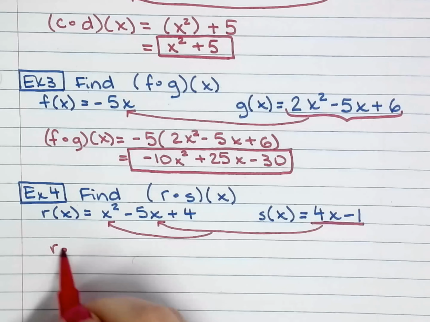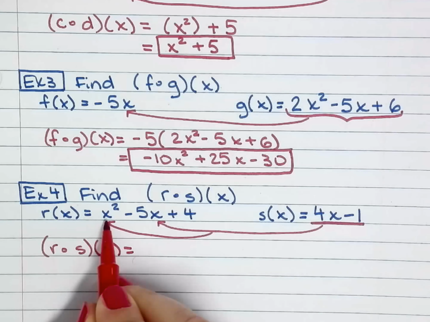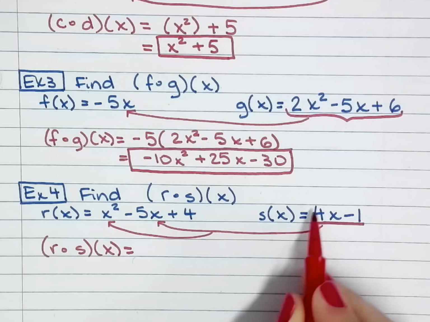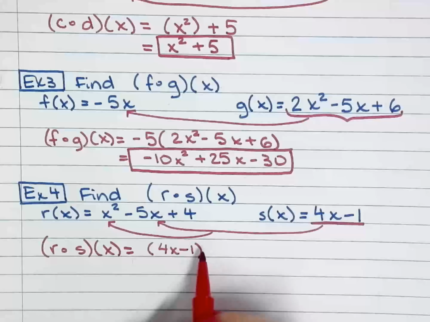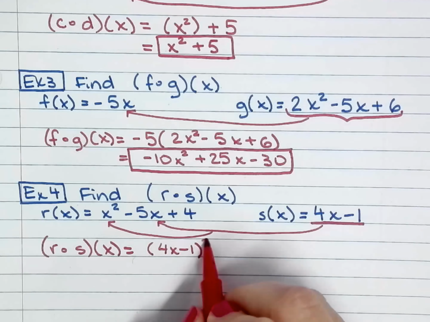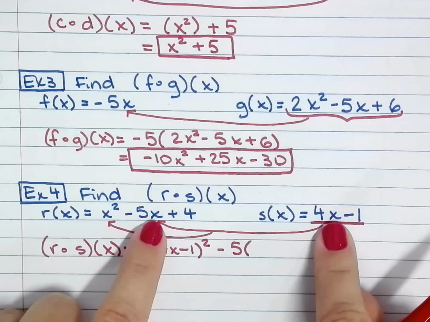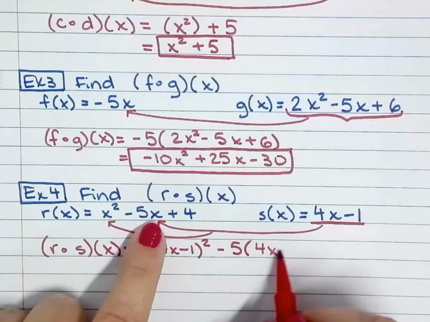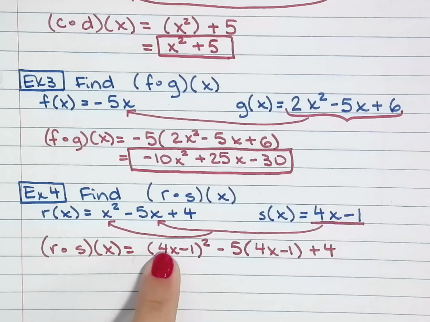So r is composed with s of x is x squared. So x is this whole thing right there. So 4x minus 1, x squared. So if this is x, I need to square that. Minus 5, x. X is 4x minus 1, plus 4. Now, be careful with this.